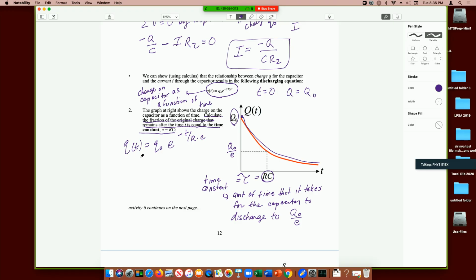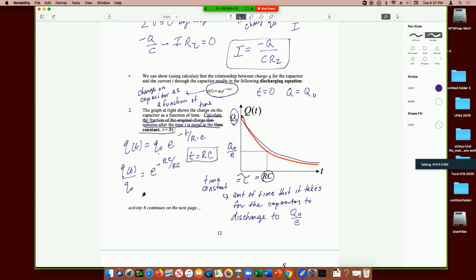Okay, so what we would do is divide both sides of the equation by Q naught, right? So Q(t) over Q naught equals e to the negative t over RC, and then I'm going to substitute in t equals the time constant, because that's what it's asked me to do. The time constant, tau, is just our resistance times capacitance, okay? So if I sub this in for t, it's going to be minus RC over RC, right?